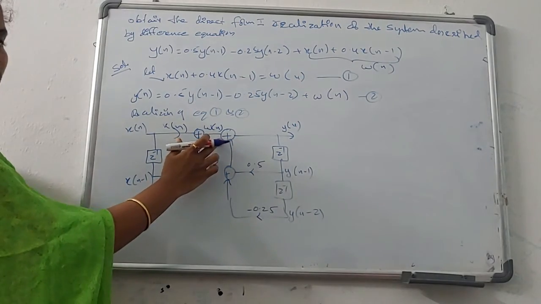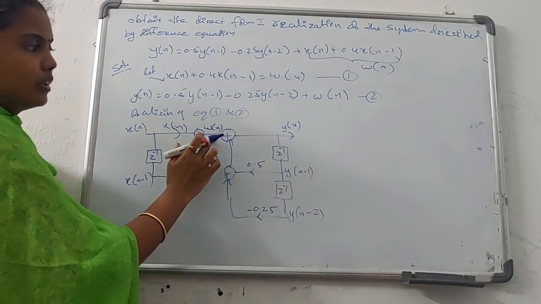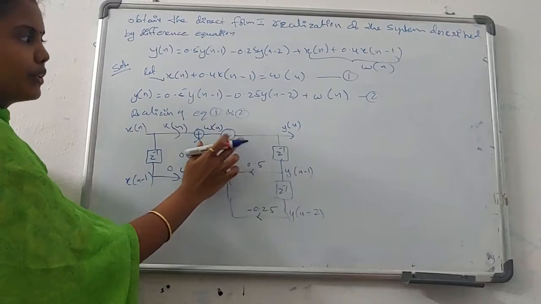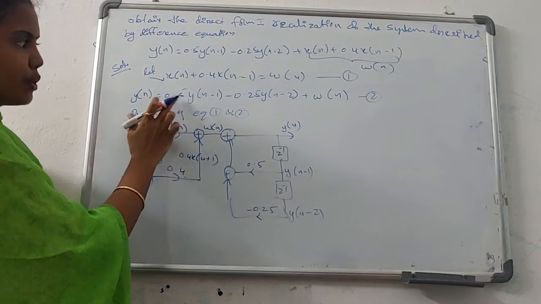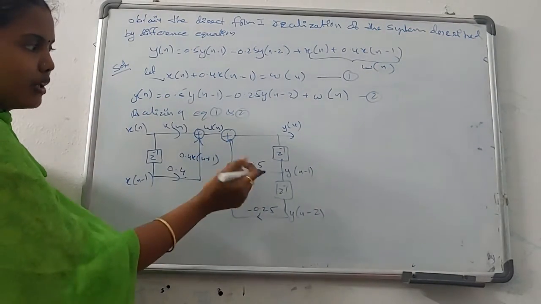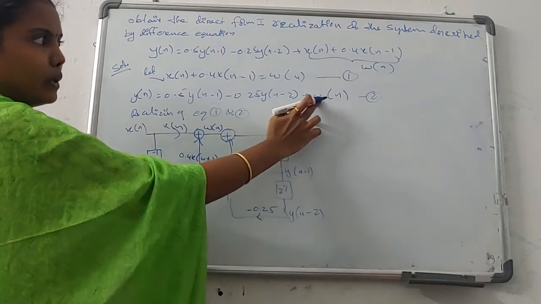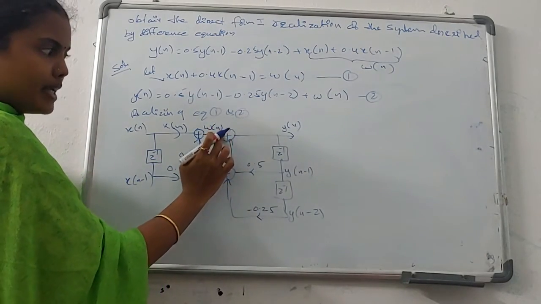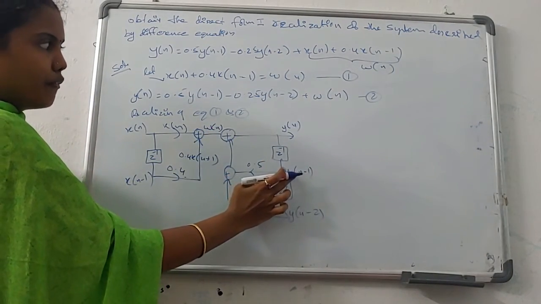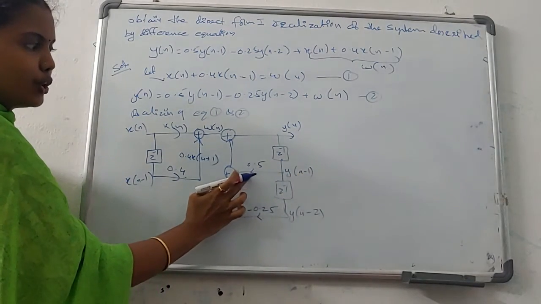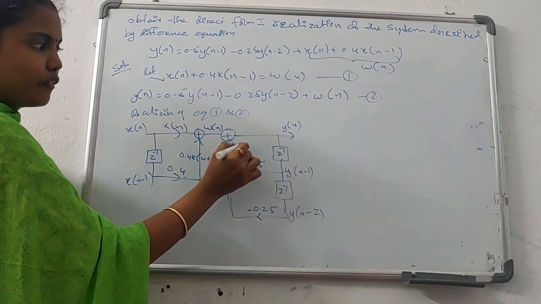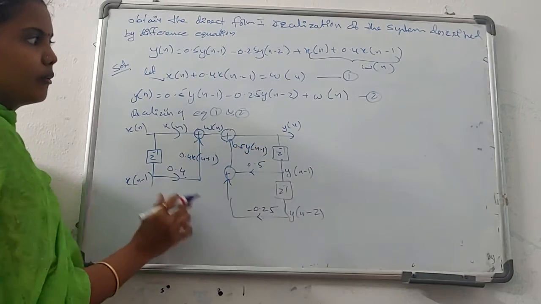Now this is given to the output: w of n plus y of n minus 1 into 0.5. Here the term is 0.5 into y of n minus 1.